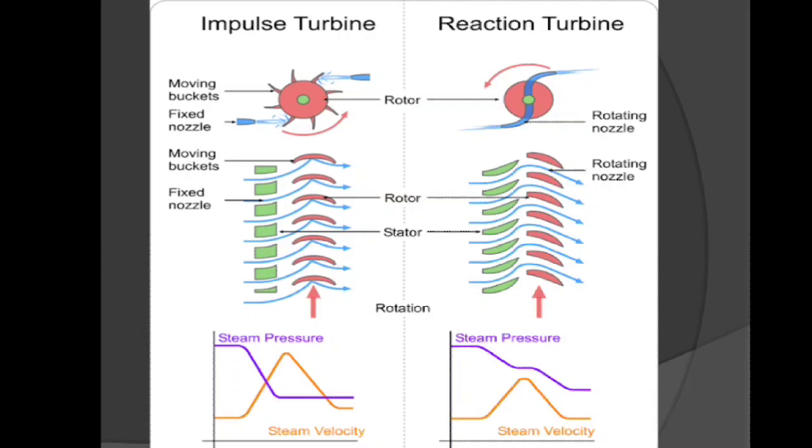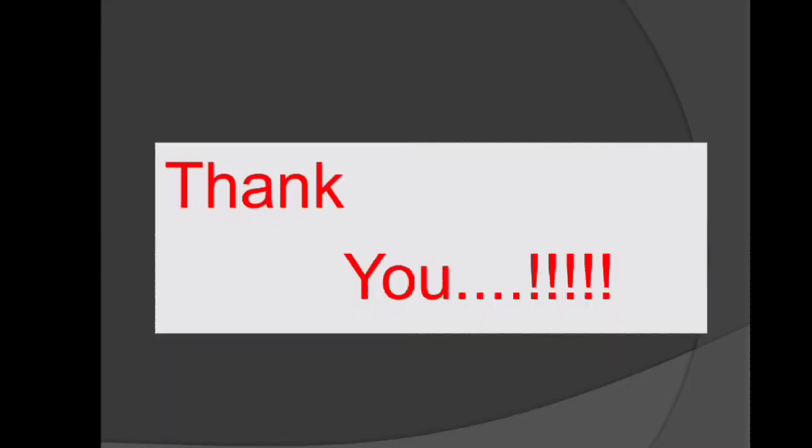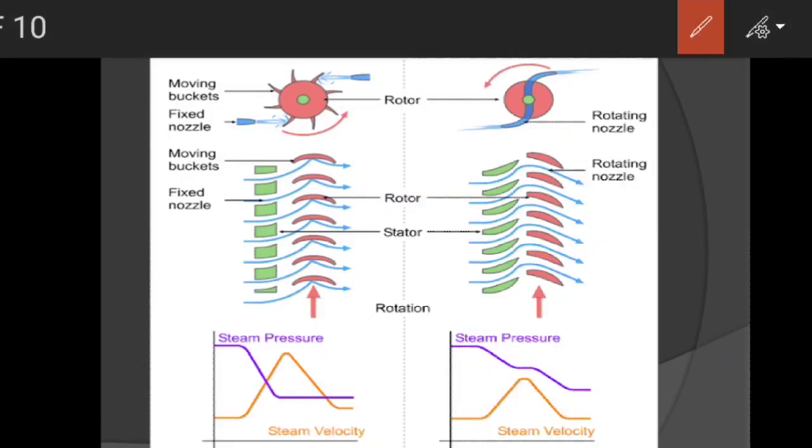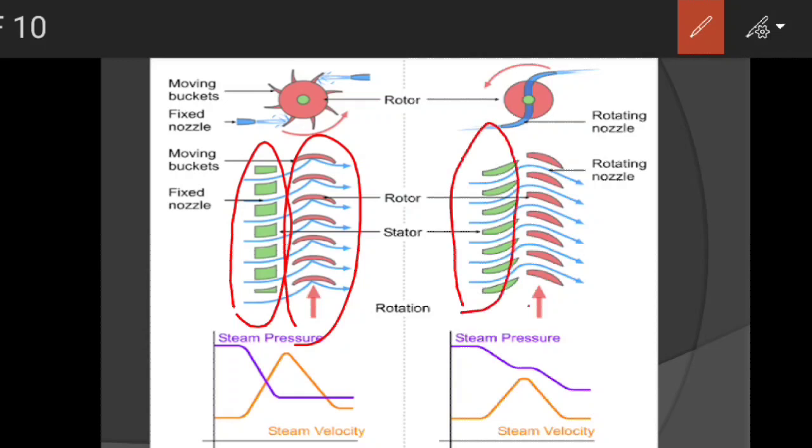Now this is the main difference between impulse and reaction turbine. From this figure we can see that the impulse turbine consists of fixed nozzles and moving blades. The reaction turbine consists of fixed blades and moving blades.